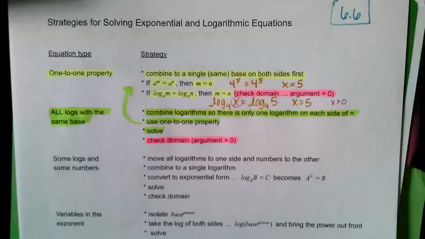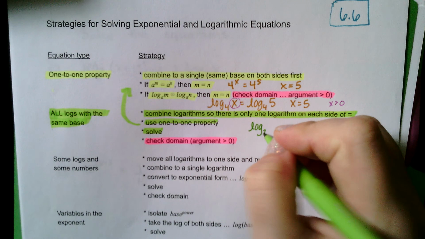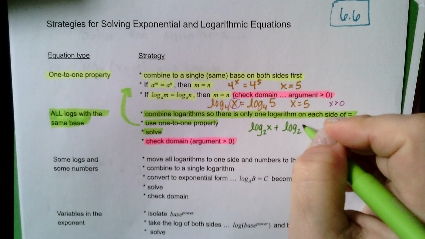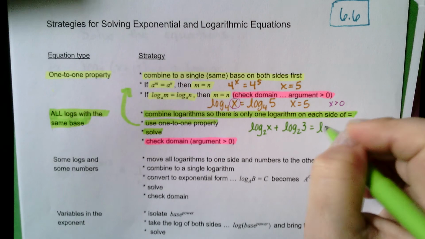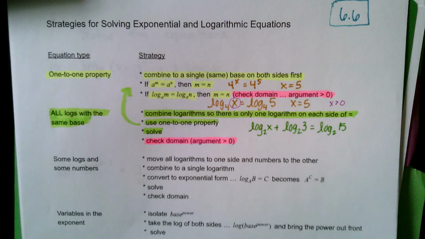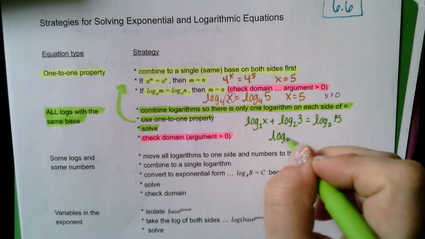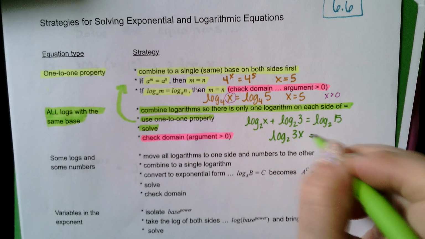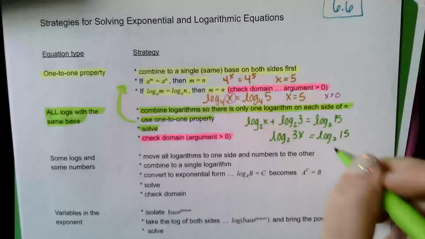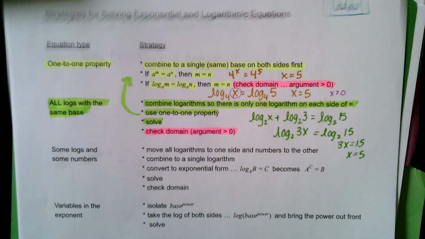So this would be like if we have log base 2 of x plus log base 2 of 3 equals log base 2 of 15. Then we would combine these to make it log base 2 of 3x equals log base 2 of 15, which would give us 3x equals 15 or x equals 5.